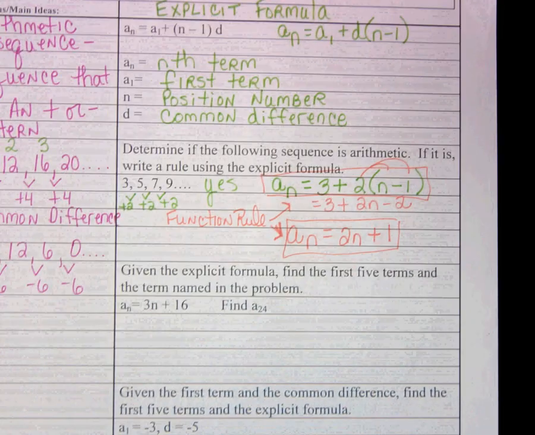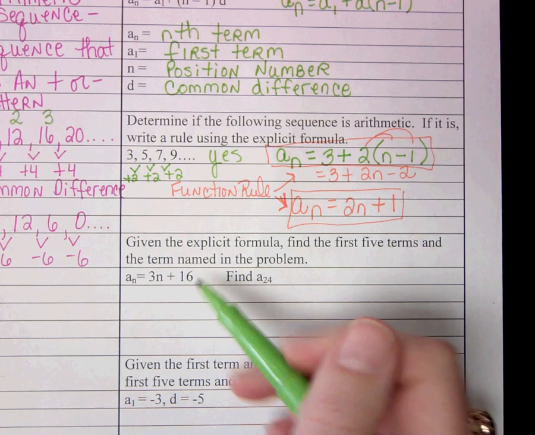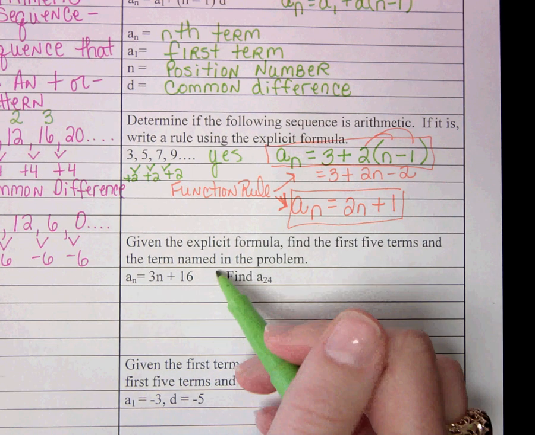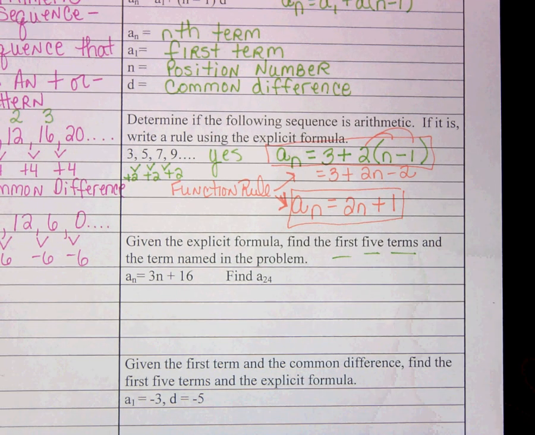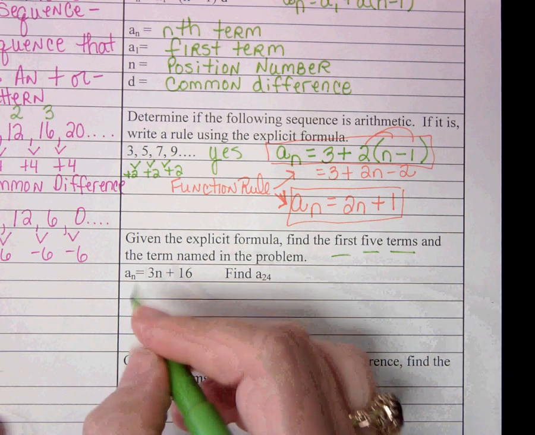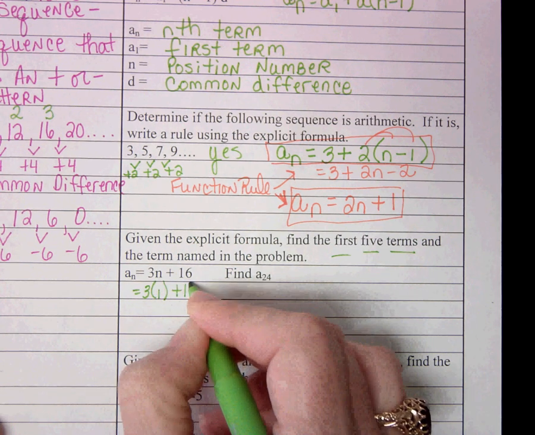Okay, so let's look at the next one. It says, given the explicit formula, find the first 5 terms and the term named in the problem. So see, here we have the explicit formula. It's just in its simplest form. So if I want to find the first 5 terms, then we just start by plugging in 1 for n for the first term.